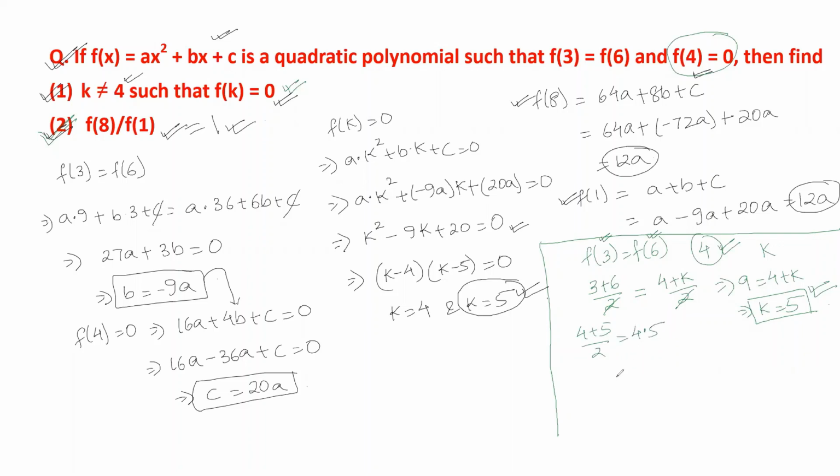And the midpoint of 1 and 8 will also give us 4.5. So this indicates that the graph attains the same value at x equals 8 and at x equals 1. So f(8) would be equal to f(1). So the ratio f(8)/f(1) would be simply 1.